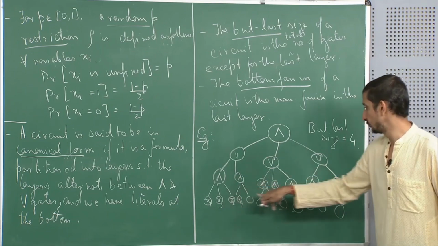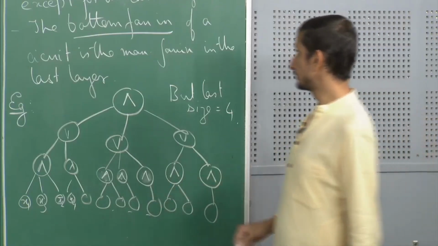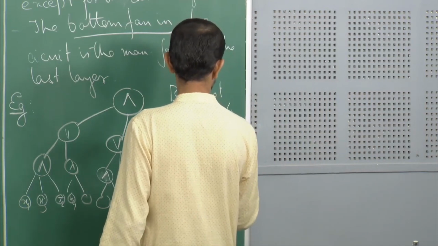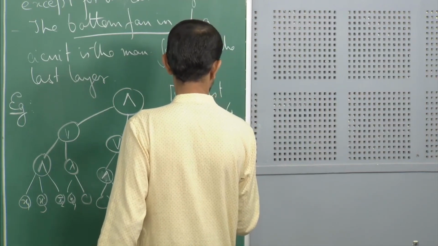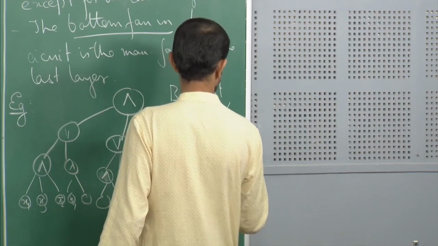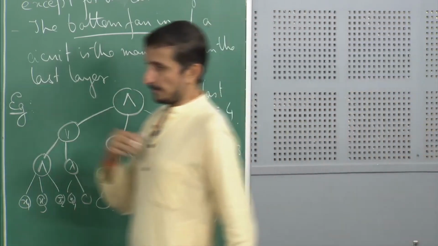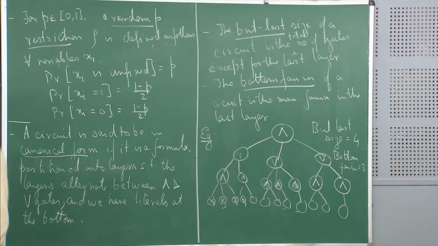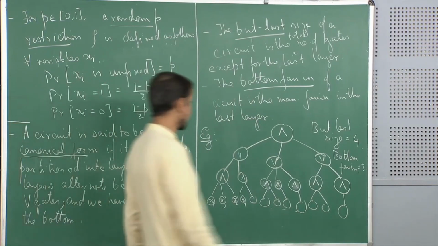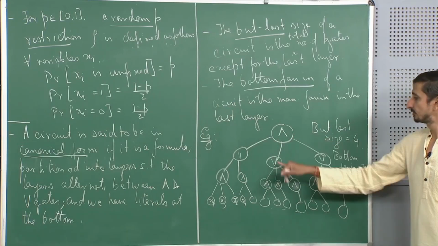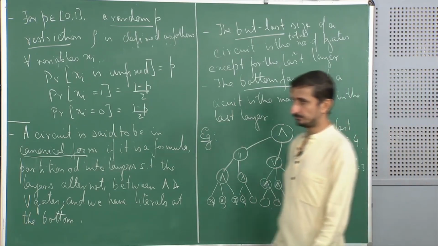I have 3 over here, 2, 2, 1, 1, 2, 1. So, the bottom fan-in is 3.